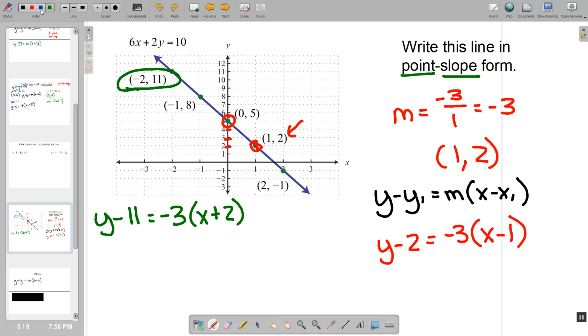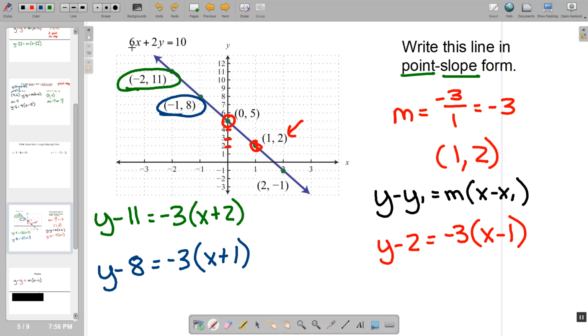I could also graph this line here in blue by doing y minus 8 equals still -3, parentheses, x plus 1. So the nice thing about point slope form is I have this equation, I have this equation, I have this equation. Those are all the same line.